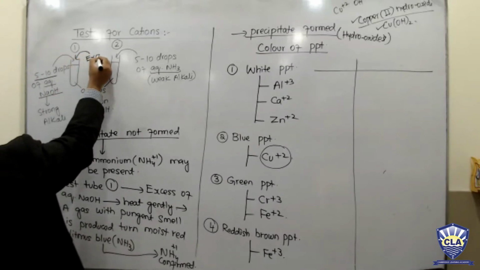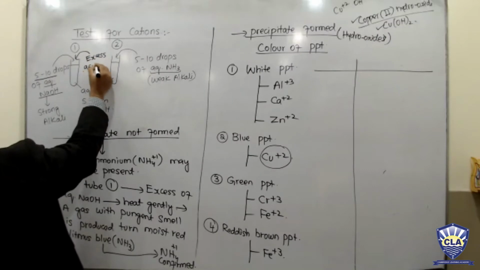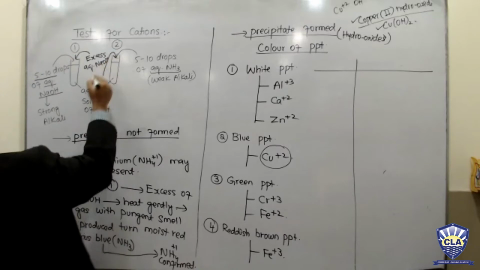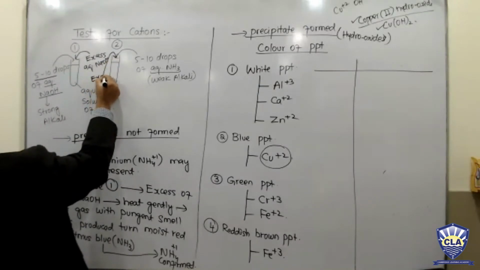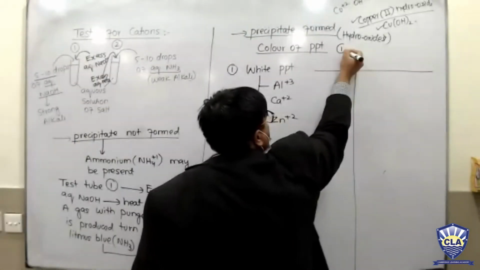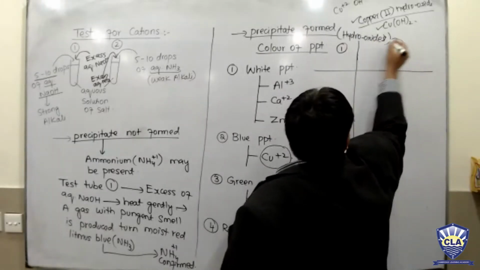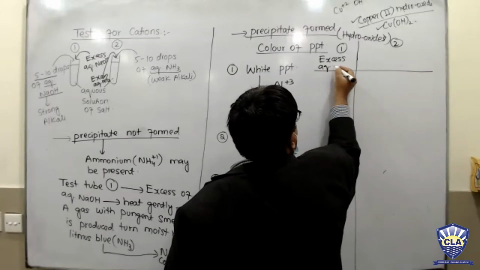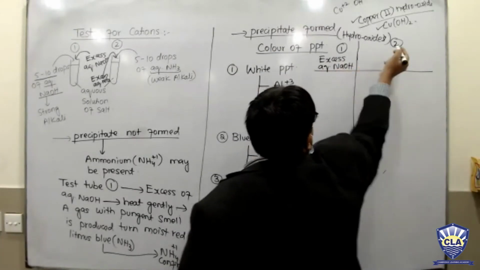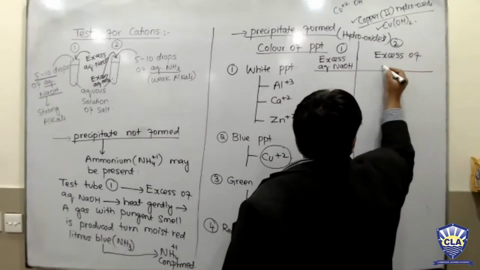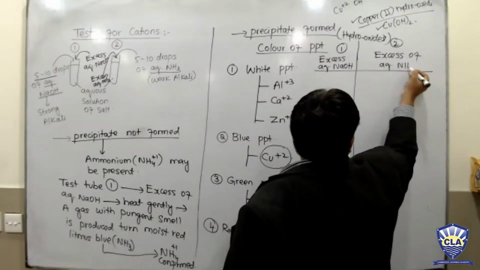You should add excess of aqueous sodium hydroxide in test tube 1, and in the second test tube you should add excess of aqueous ammonia.